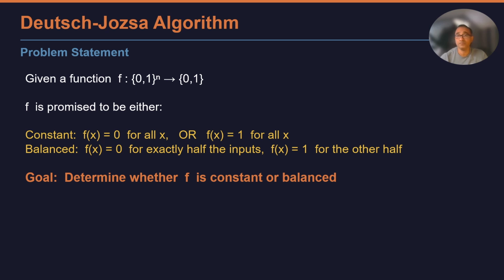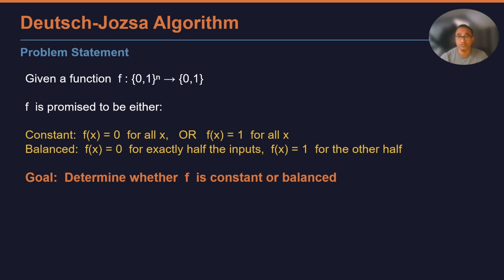And the same is applicable in the case where for input 0 or 1, the output is 1 and 1. In such a case, the function is called constant.